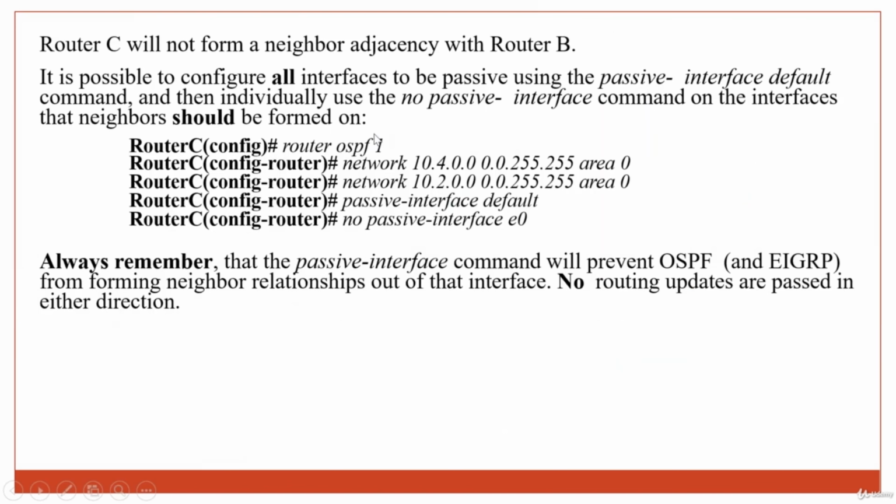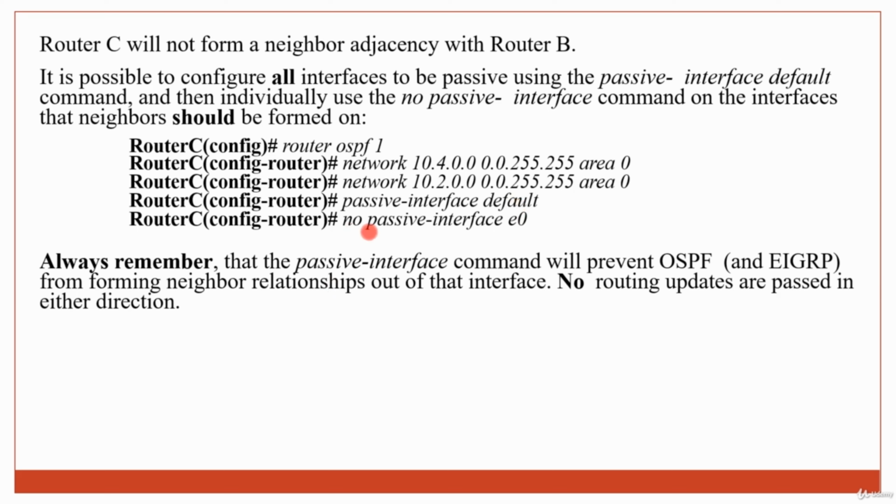But generally how we use this command is: no passive-interface E0. First of all, we make all the interfaces passive. The first command is passive-interface default. Suppose you have 10 interfaces, that means on all 10 interfaces you're not sending and receiving updates.